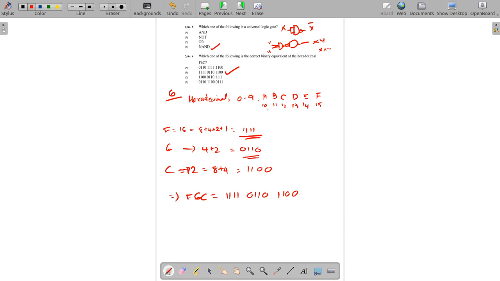And C is 12, which is 8 plus 4, which can be represented as 1100 in binary. So just writing them one by one, you have F6C. Option B is the right answer.